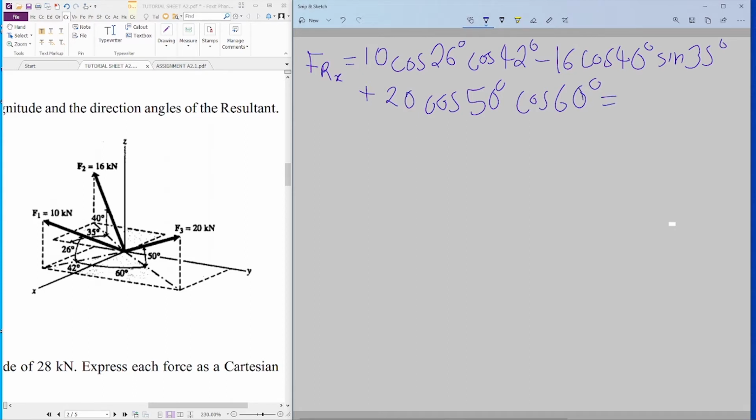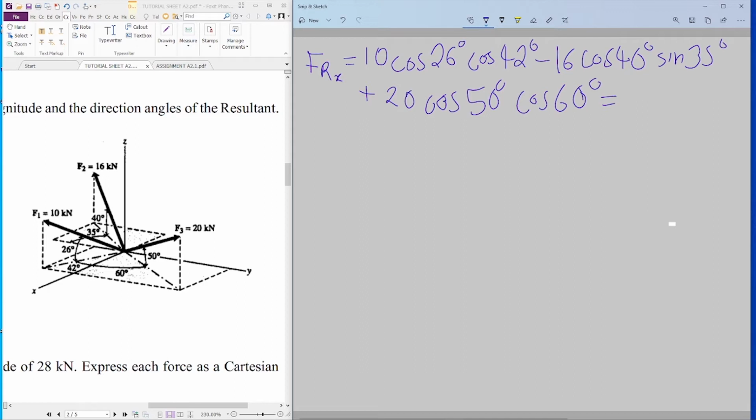Now you can go ahead and express each of the forces in Cartesian vector form and then add the i's, the j's and the k's. That's probably what you have learned in class, and that is what you're supposed to do. But I just want to show you that there are these other cheats which are essentially the same, but you can also cheat it this way.